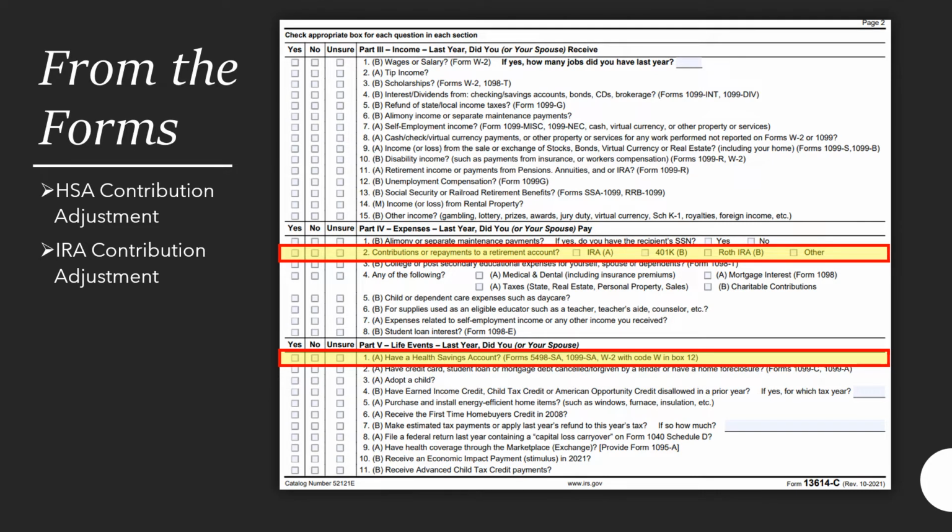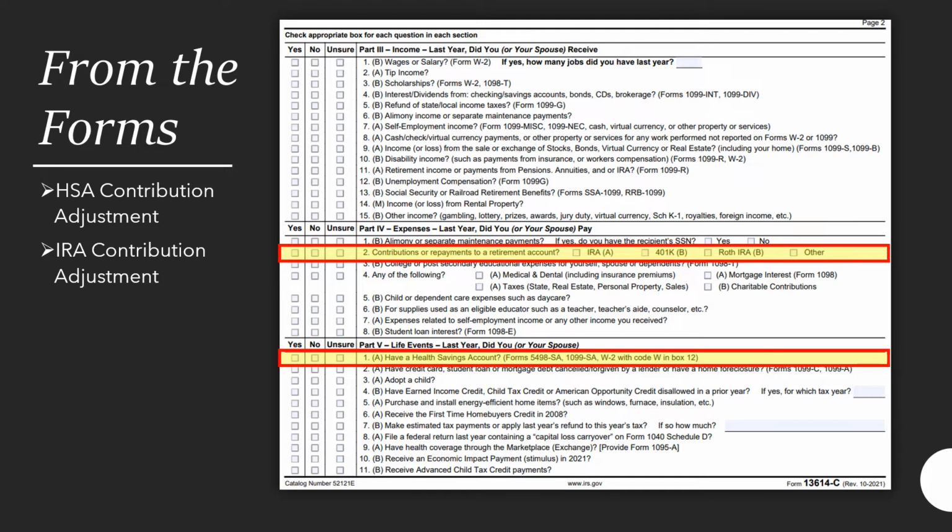So that kind of wraps up for this lesson our self-employment topics. Then we have a couple of adjustments that have to do with special tax favored accounts. So we have HSAs, which are health savings accounts, and we have IRAs or individual retirement arrangements.